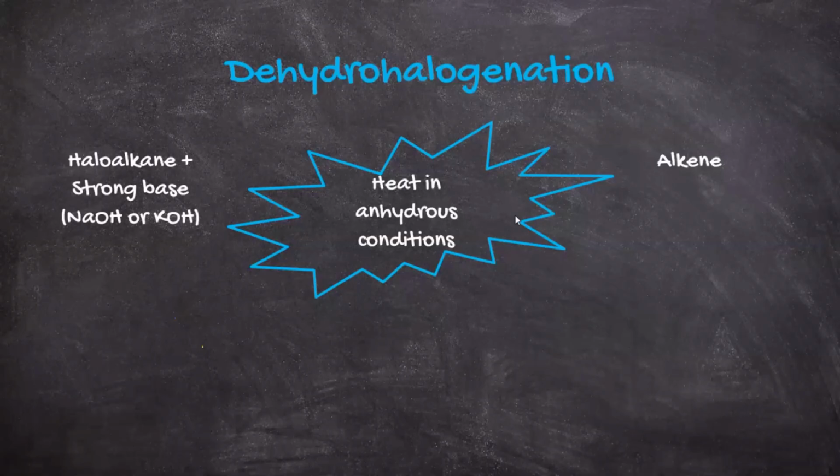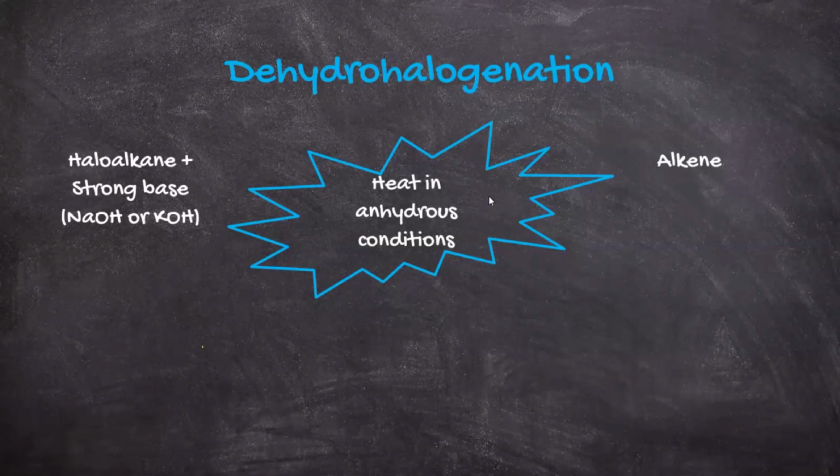Water will win. Water will outcompete. So, anhydrous conditions for halogens. Anything to do with halogens. Hydrohalogenation, halogenation, dehydrohalogenation. If there's halogens involved, we don't want water. Okay. Then we can move on.